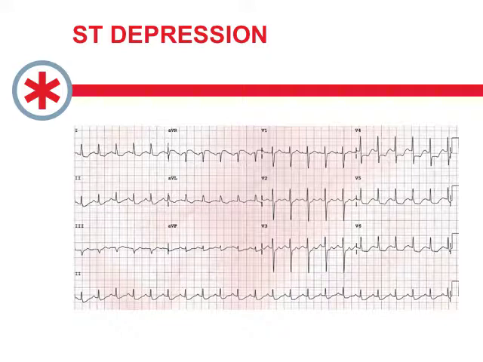And funny enough, I had never run across this, but it turns out that ST depression doesn't localize. So when you get people on treadmills and they show ST depression, basically what you find does not localize to what you find in the cath lab, and the same thing for what we see in the emergency department. So if you see ST depression, that would be something that, yes, is worrisome for ischemia, but you probably can't predict where in the heart that culprit lesion is.